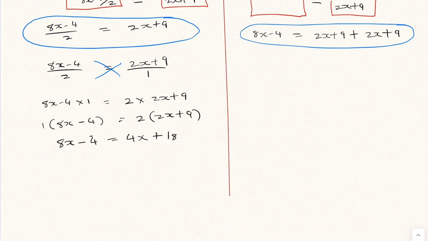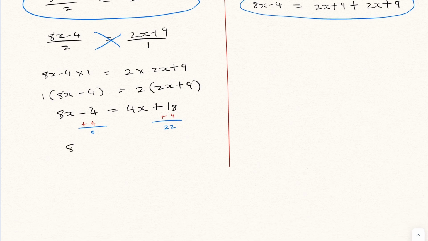Minus 4 plus 4 gives us 0, and 18 plus 4 gives us 22. So we bring down the equation and say 8x is equal to 4x plus 22.